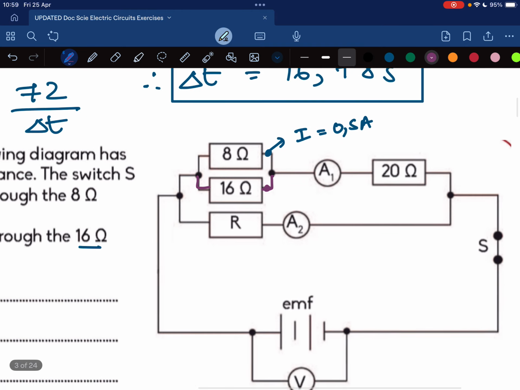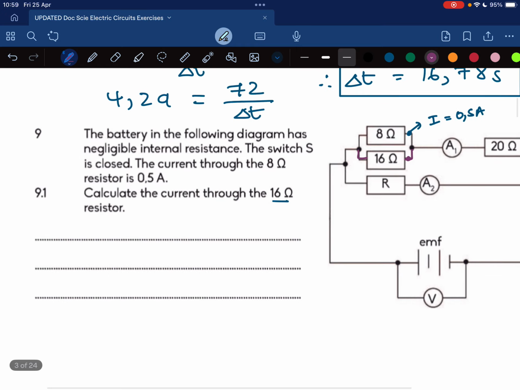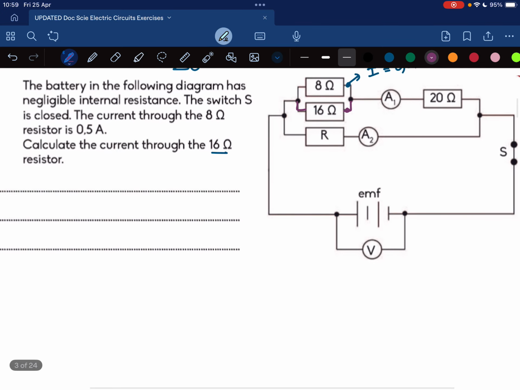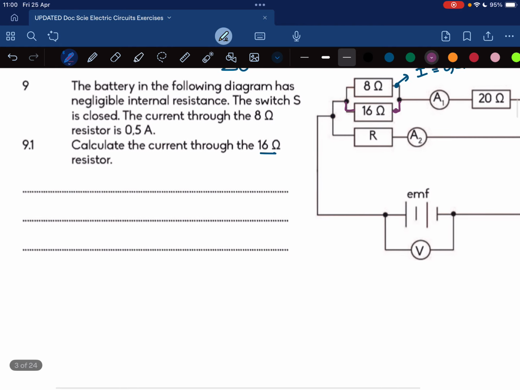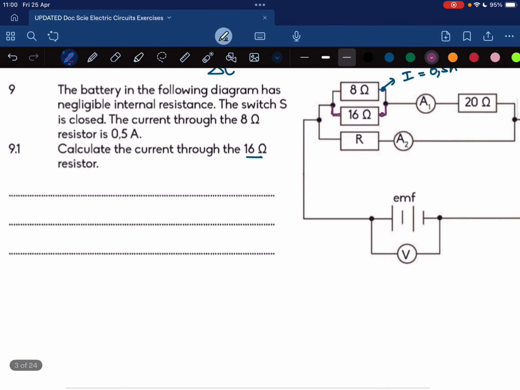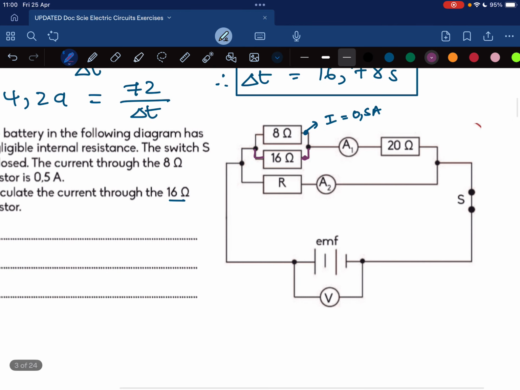Okay, so let's have a look and see what else we are given. So you might find this to be a little bit challenging, right? But something that you must remember is that the current divides in the opposite ratio to the resistors.